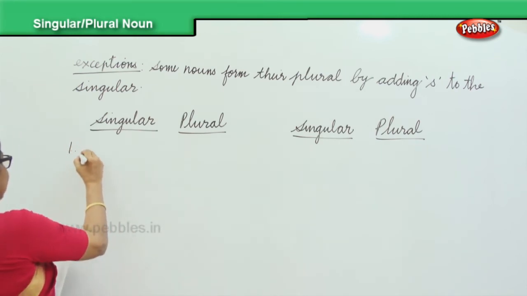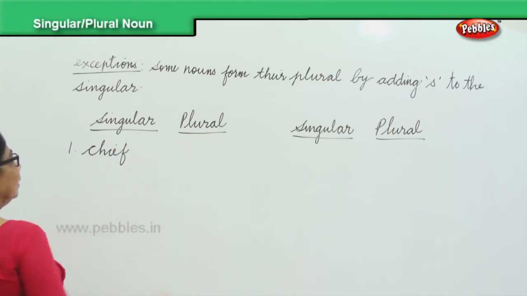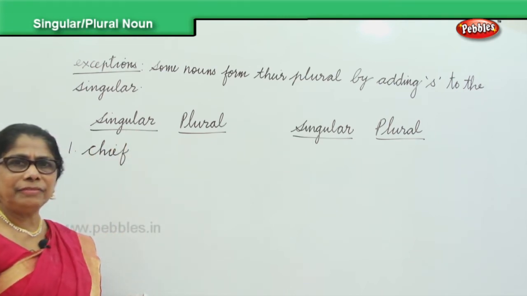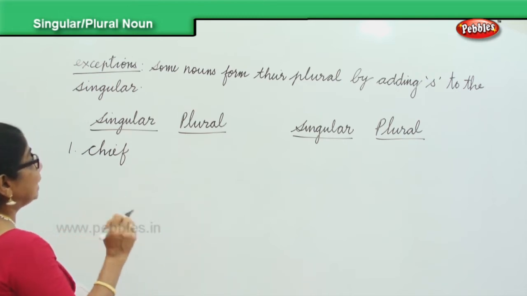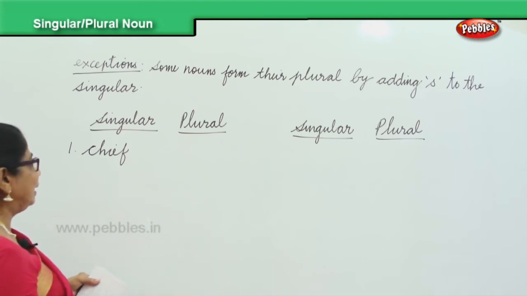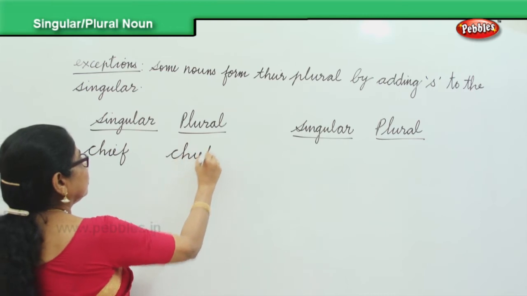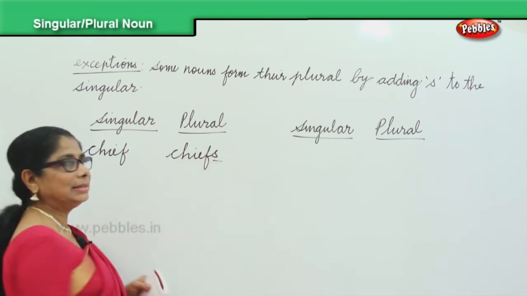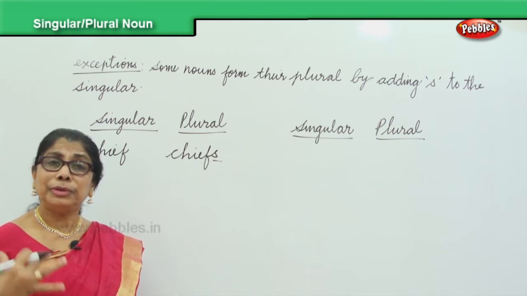Here you have chief. Earlier we learned if a noun ends in F, we change it to VES. But here, the exception is that to form the plural, you simply add S. So, chiefs. You simply add an S to form the plural form. And this is only for a few nouns.